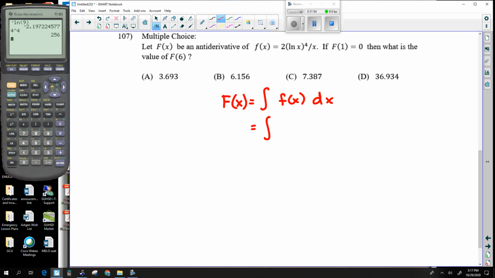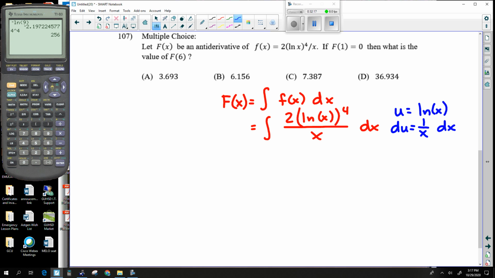And so this is the integral of 2 ln of x to the 4th divided by x. All right, use substitution. u is ln of x. That means the derivative is 1 over x, which is there, so that eliminates that portion, and now it's just a regular problem. I needed a 2 on this, and so I need to multiply by 2, since I'm taking that out.